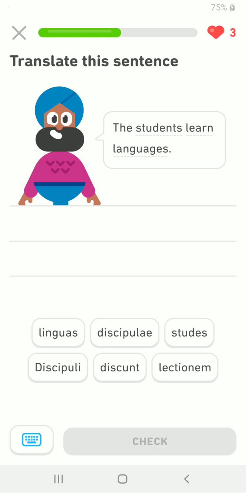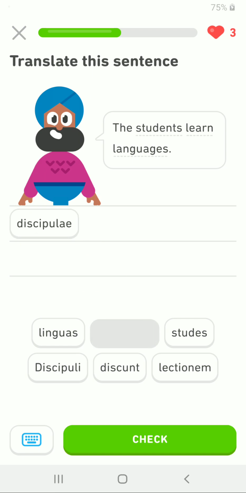Habitatis. Habeo, non habeo. Habito would be for I, so ego. The students, so discipuli, the female. Discipuli. Linguam. It should be linguam. Languages.